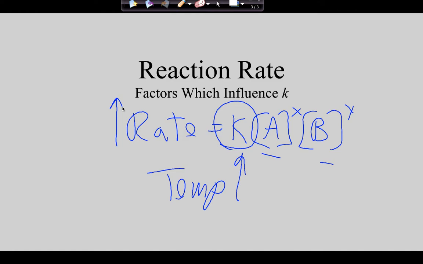And if you're chuckling right now, half of you made this mistake when we were talking about spontaneity as it relates to Gibbs free energy. We had a question on a previous test that said, is this reaction, and it was about entropy and enthalpy.